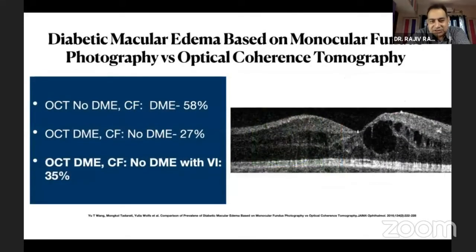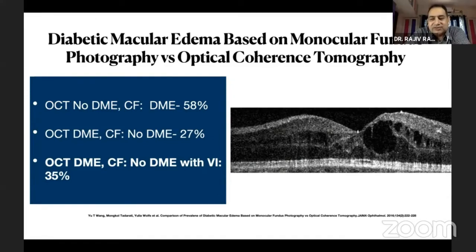This was a beautiful study where they did both evaluations. And what is alarming is that of the patients who had diabetic macular edema on OCT, on fundus photography nearly a third of them were not diagnosed as DME, even if the DME caused visual impairment. So it's important for all these patients.